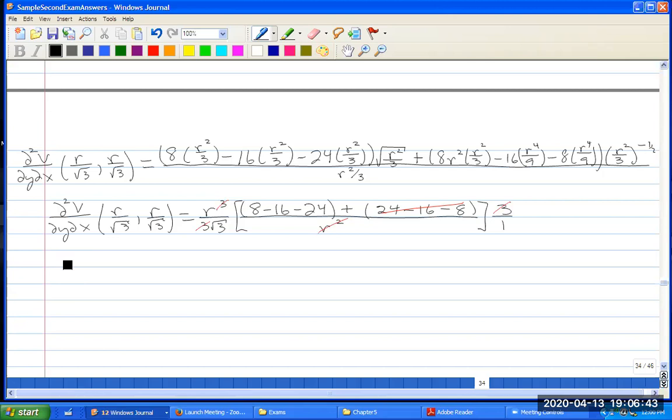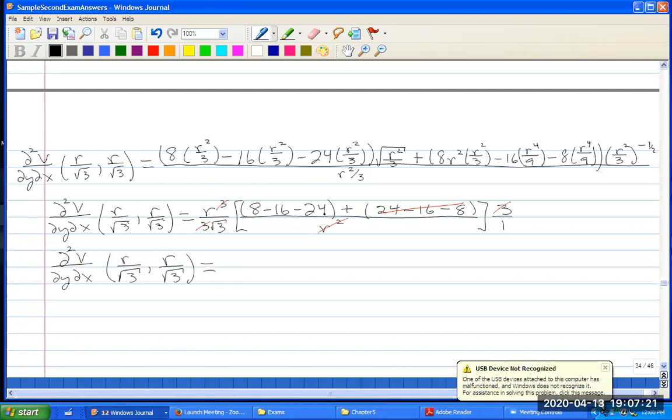So I get that this mixed partial is, well, 8 minus 16 is negative 8, minus 24 is a negative 32, r over rad 3. Okay.